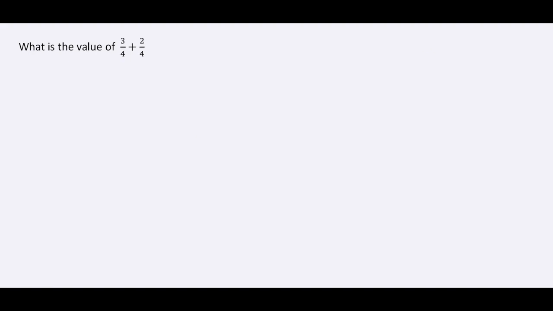Now let's try another one here. 3 over 4 plus 2 over 4. So we have a denominator of 4. So we're going to add the numerators together. So 3 plus 2 is 5 over 4. So let's solve that. We have 5 and then we have 4. How many groups of 4 in 5?